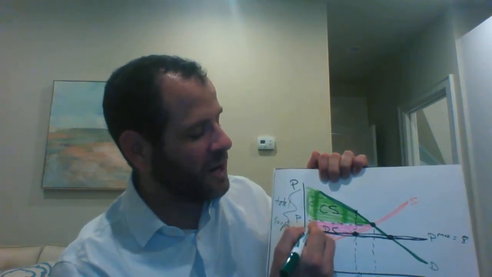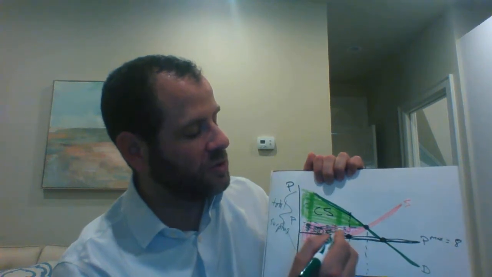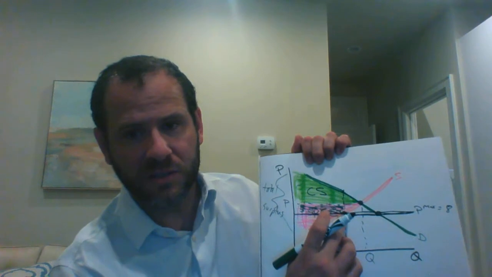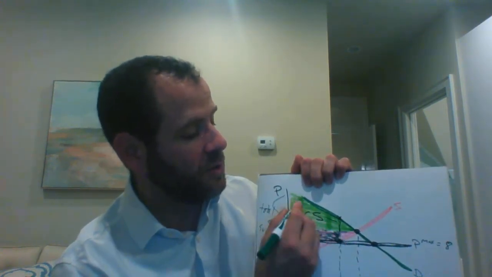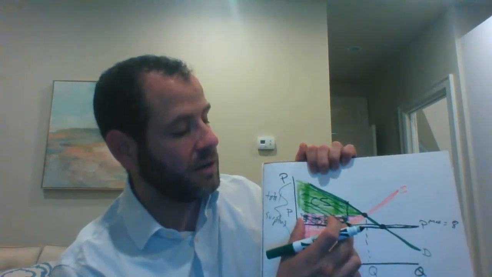They're even more excited at 8. So we're actually going to be adding this area to consumer surplus. Now we're not going to go all the way over there because we're only selling this much. So the quantity bought and sold in the market is right here. But so our new consumer surplus area is that area.